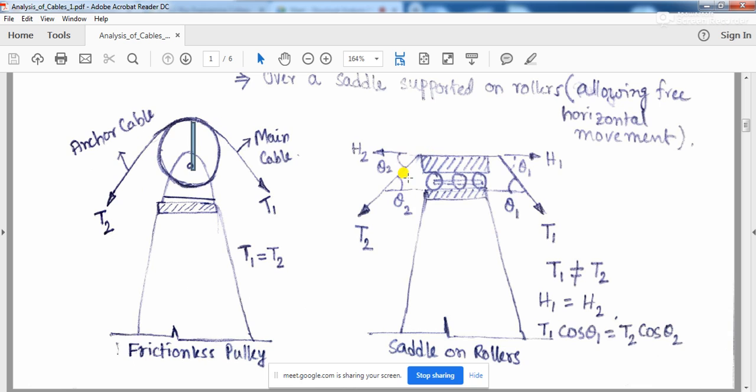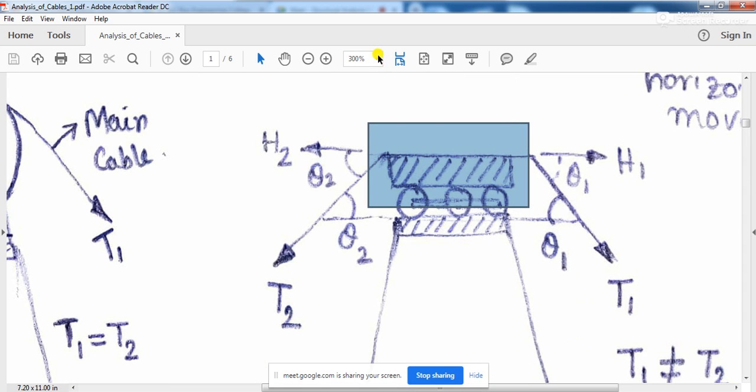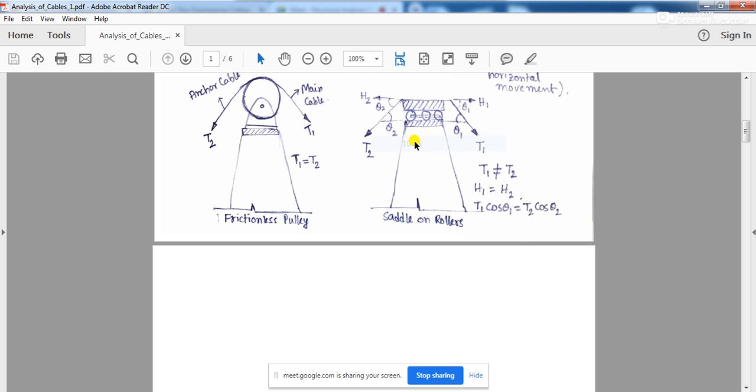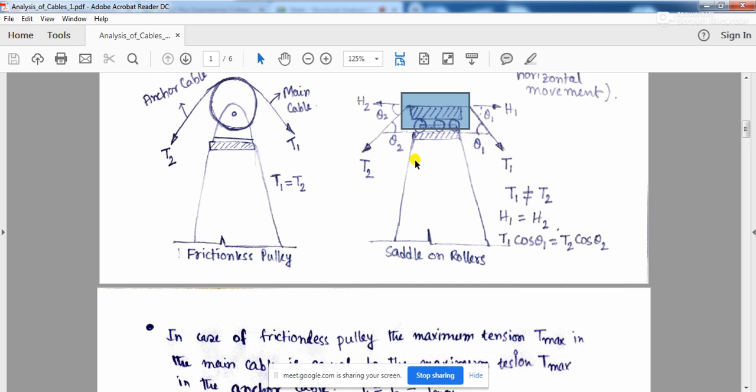And in exactly the same way, if you are using a saddle support or a saddle on rollers, then how much will be the horizontal force and how much will be the vertical force on the pier. So that's what you will have to find out. Now if you want to find it out, let us take case by case.